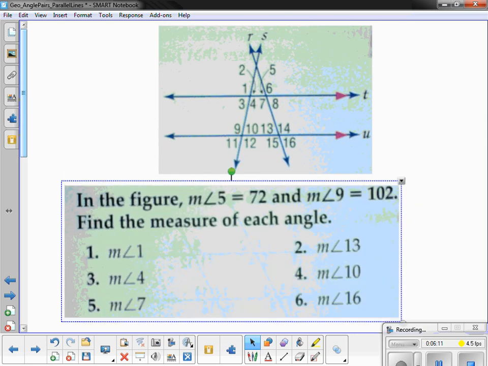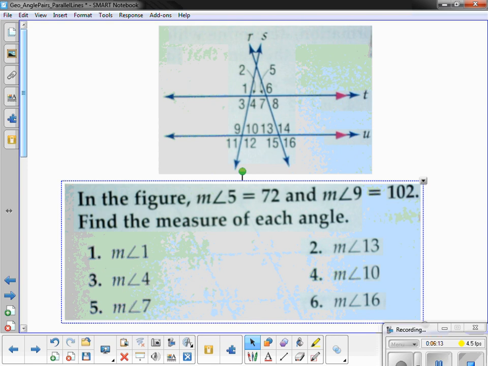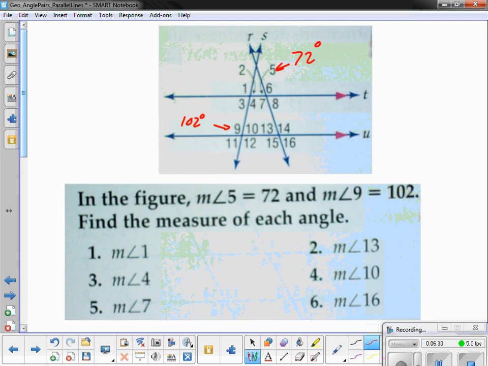In that figure, angle 5 is a 72-degree angle, so I'm going to write that on there. And angle 9 is 102 degrees. That's given information for us. Now, they want us to find 1, 13, 10, 4, 7, and 16. I say we find them all.